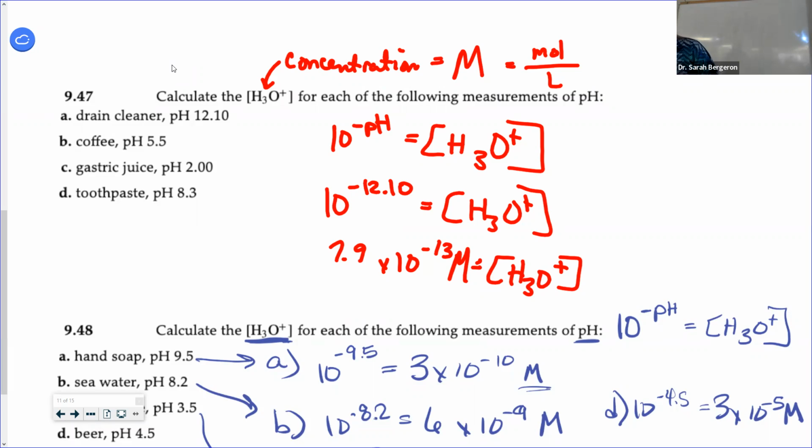I can swap and I can go second degree, switch to scientific. Oh, isn't that magical? What do I get? 3.1, one place past the decimal, 1 sig fig, so it should be 3 times 10 to the what? Negative 6 molar.